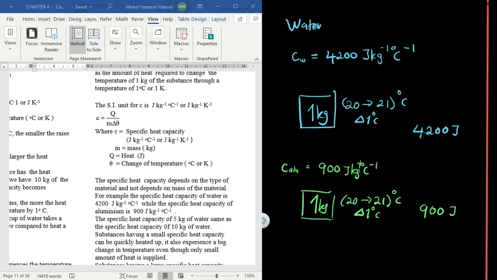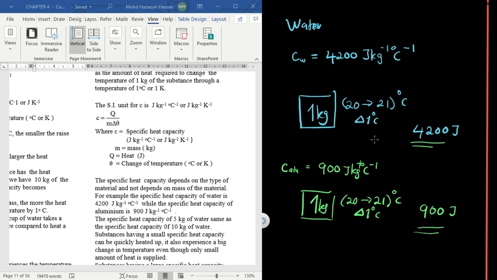Now we have two kinds of information. From this information, what can you conclude? As you can see here, although we have the same amount of mass and the same difference of temperature, the amount of heat required is different. For aluminium, we only need 900 joule, compared to water, where we need 4200 joule to reach the same rise in temperature.